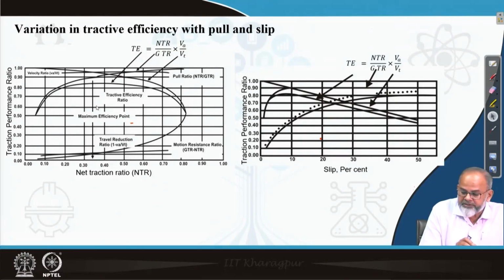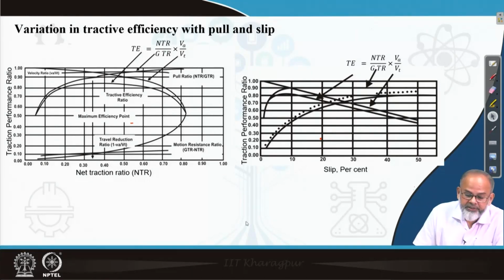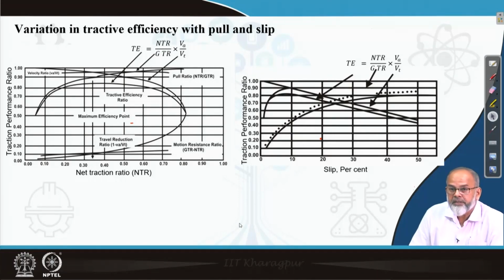Usually this kind of plot is plotted as in the right side figure which I have indicated, traction performance ratio versus slip, but I have plotted in a different way so that you can see the effect of VA by VT and NTR by GTR ratio on different performance of the wheel. Now this is the conventional way.